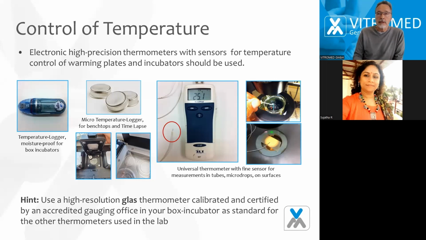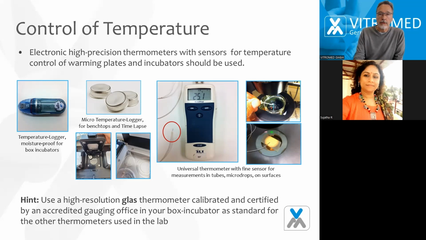This is a very good thing for continuous control of the temperature during the incubation. Here's a very nice thermometer that you can use for everything, because it has a really tiny tip as a sensor, and you can even measure the temperature in your micro drop dishes. That is very helpful, especially if you want to check whether the warming plates you use are working well or not.